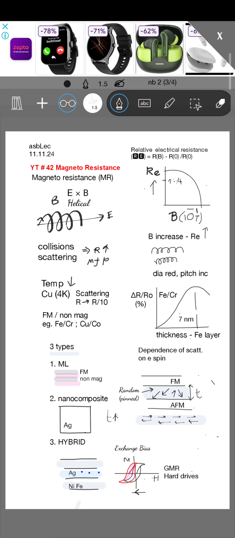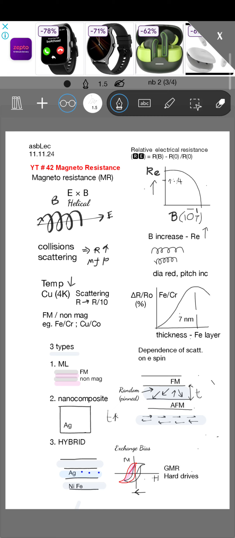What was observed is that the scattering automatically got reduced because the atomic movement or atomic vibrations got reduced, and so this resistance actually decreased 10 times. So the temperature causes a decrease in magnetic resistance.